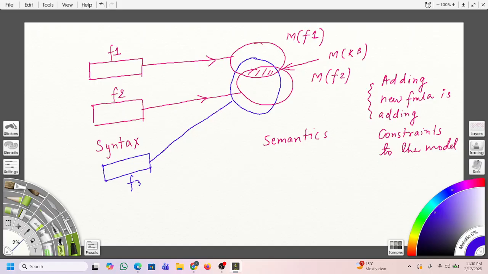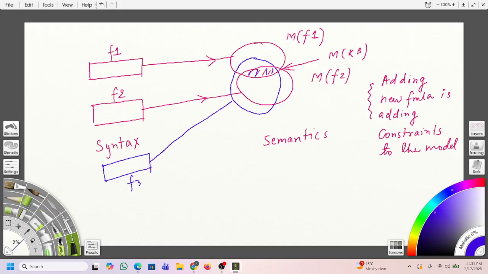This part is in the intersection of F1 and F3, and this part is between the intersection of F2. Only this particular area will get excluded, so only this area will be my M of KB. That means I am now restricting my model of KB. So I am adding constraints to the model. This is what it means.